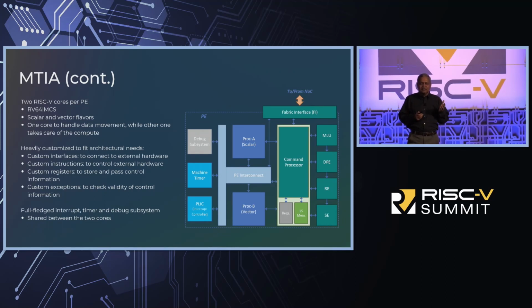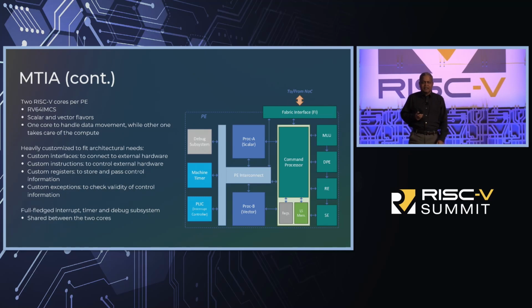And the last one is custom exceptions to check validity of control information. In addition to that, obviously, we have a full-fledged interrupt, timer, and debug subsystem that we have created to get visibility into the cores. And this subsystem is essentially shared between the two cores, processor A as well as processor B.